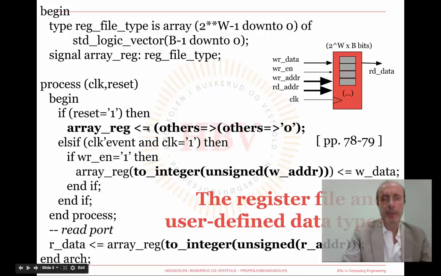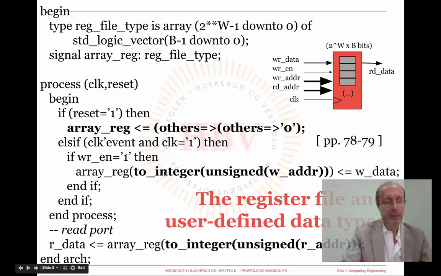The first one is the initialization statement for the register file, which is activated whenever the reset input is at logic level 1. We are recursively using the same statement that was used before for the single 8-bit register structure, as you may remember from the previous slide. Whenever this statement is executed, all bits in all registers will be set to 0.